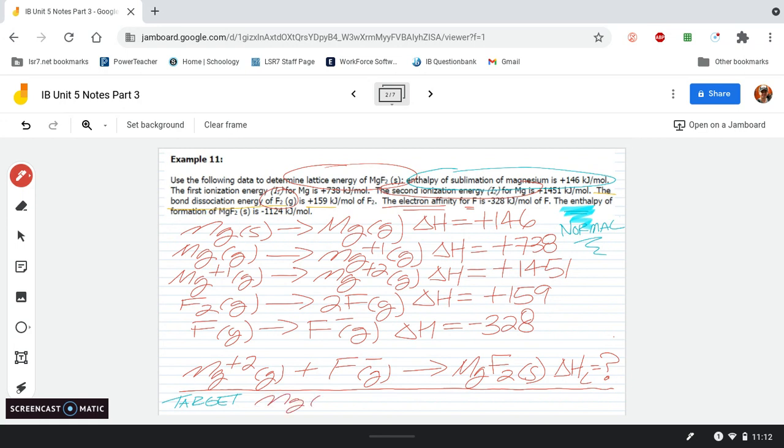Mg as a solid plus diatomic fluorine as a gas is going to give me MgF2 as a solid. And the delta H for this is negative 1124. So make sure you get that negative in there.